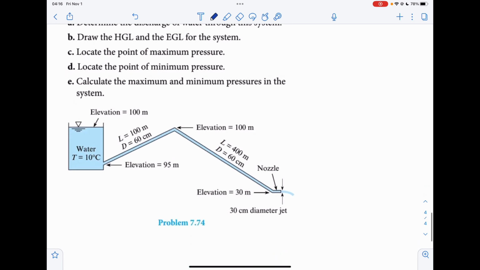So we're gonna define the point at the water surface on the left as point 1 and the outlet as point 2. We have the nozzle at the end of the pipe, so the velocity at point 2 is actually different than the velocity in the pipe.